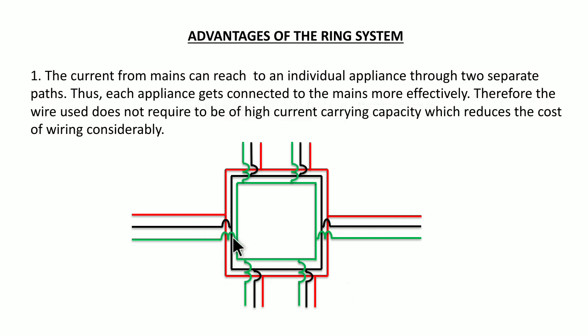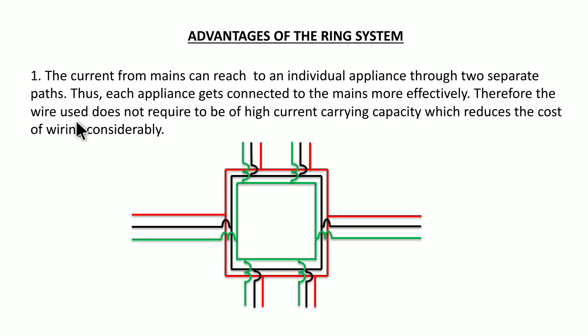Why will there be an effective connection? Because they are connected in such a way that the current is passing through in a loop. All right, so if the current is passing through in a loop, then the current can flow more effectively, and there will be less chance of the wires getting heated.